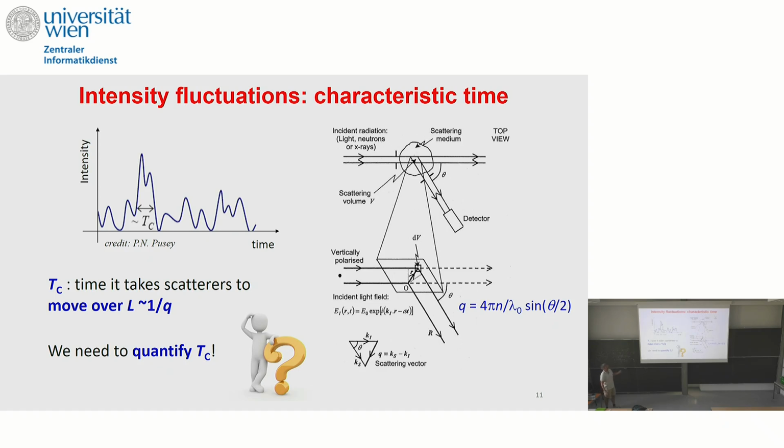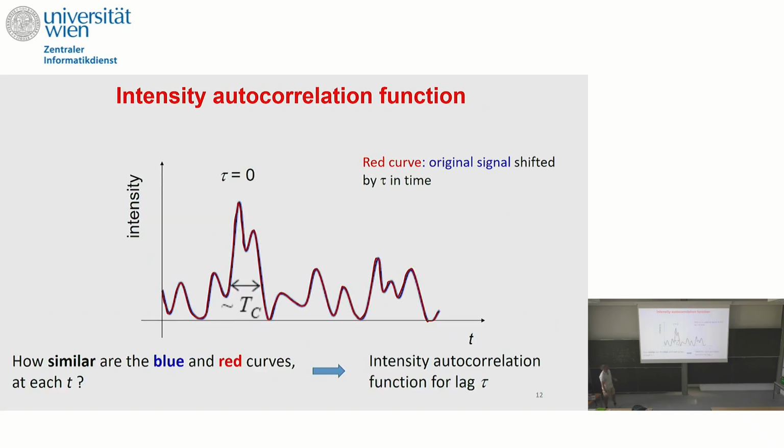Next problem is, okay, it's very nice to say the characteristic time scale is like that, but I need a more quantitative way to extract this time scale and say it is 1.2 seconds or something like that. And the way you do that is to calculate what is called the intensity autocorrelation function. And this is the thing that people doing light scattering spend all the time looking at and calculating.